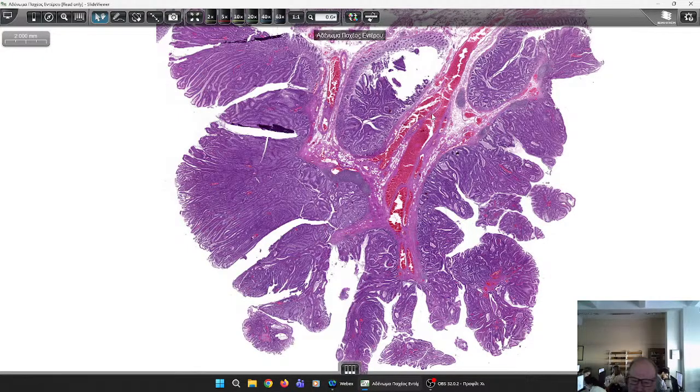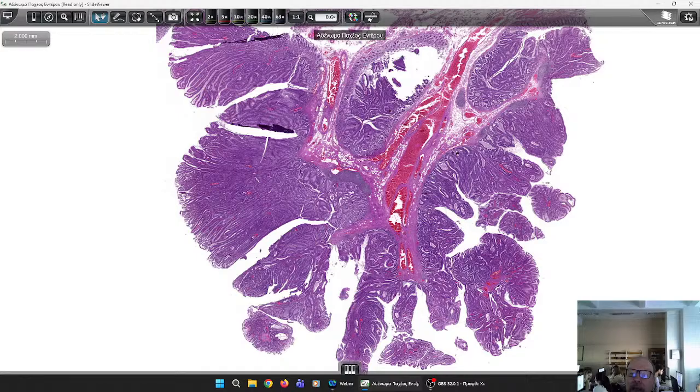But it's not the same when you see invasion here in the lamina propria. What happens here, as far as malignant transformation is concerned, is synonymous to in situ neoplasia or dysplasia.